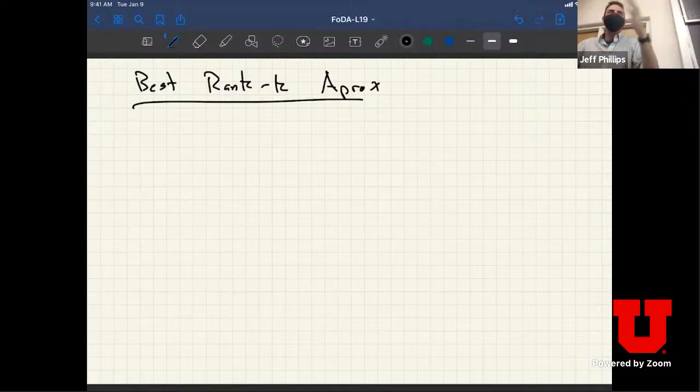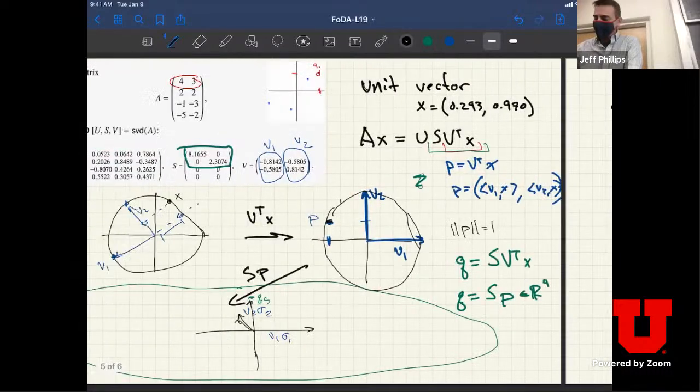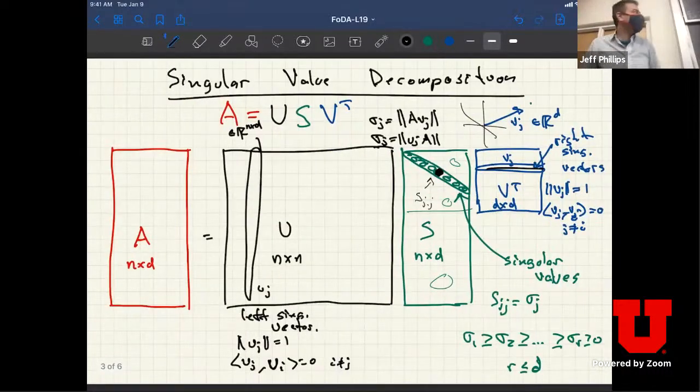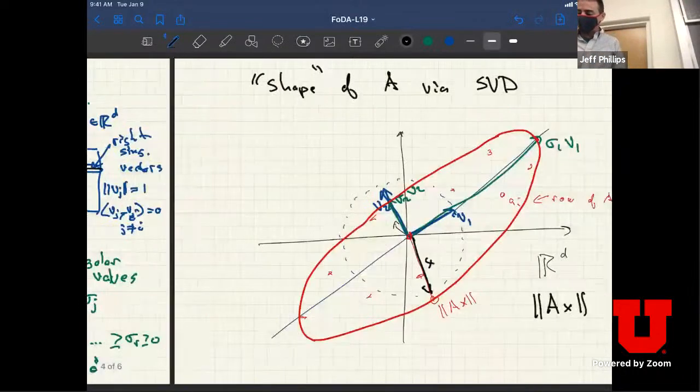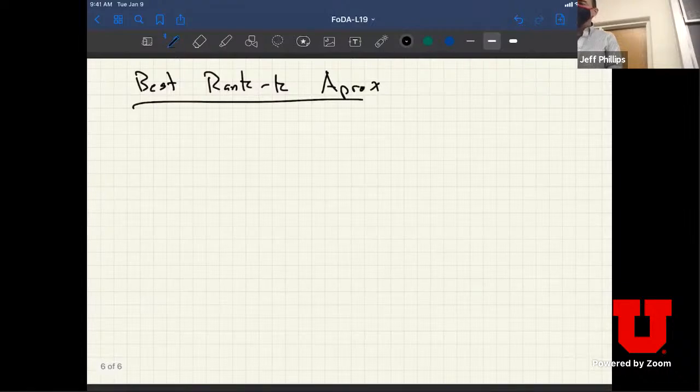Let me give a preview of this. We're going to go back to this shape, and we're just going to turn the bottom part of this diagonal in S into zeros, and we're going to get a rank K, a low rank approximation, which is a low dimensional approximation. Okay, but let's work through the linear algebra of why this works, and specifically how to think about this.